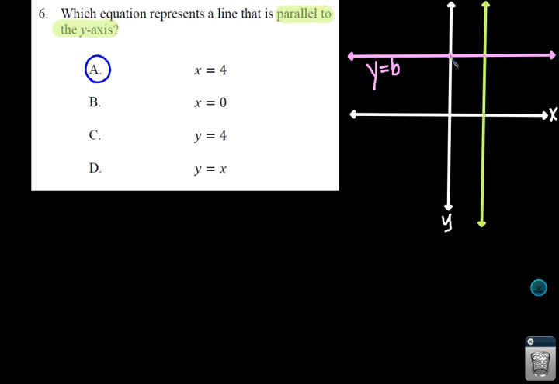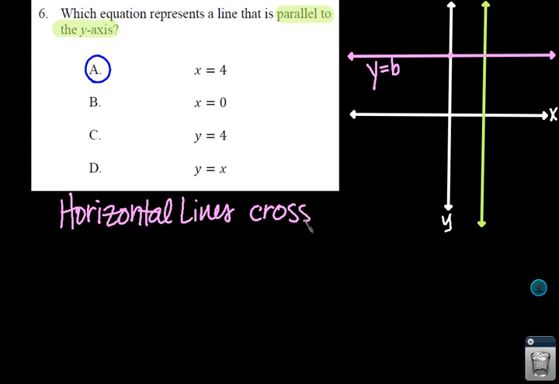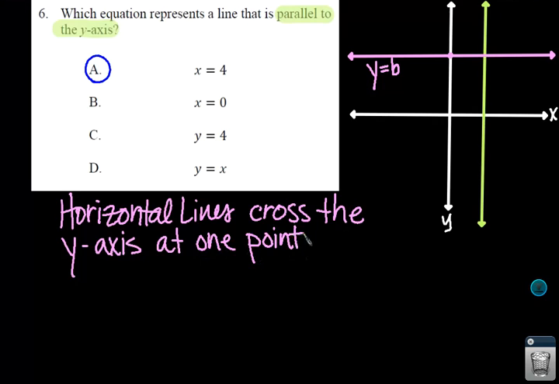Horizontal lines cross the y-axis at one point. So their equations are y equals some constant value.